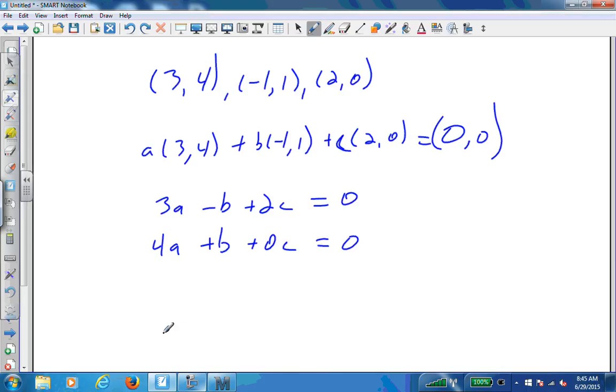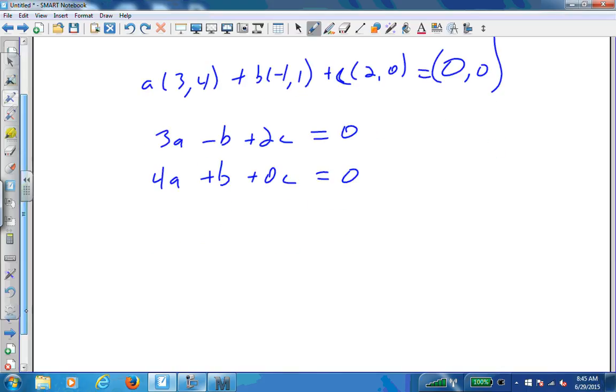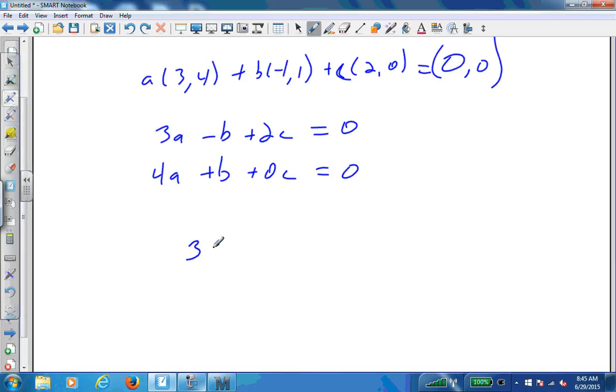So we're going to do Gauss elimination with the augmented matrix [3, -1, 2, 0; 4, 1, 0, 0]. And we're going to see, is there just a trivial solution to this, or are there multiple solutions?